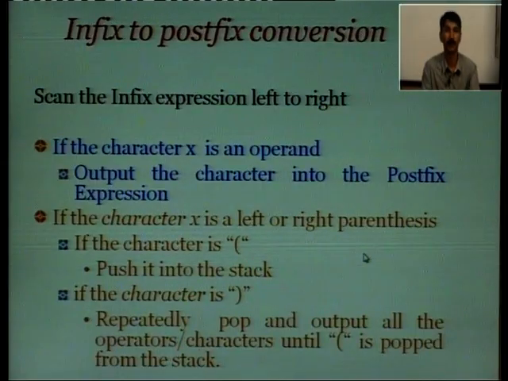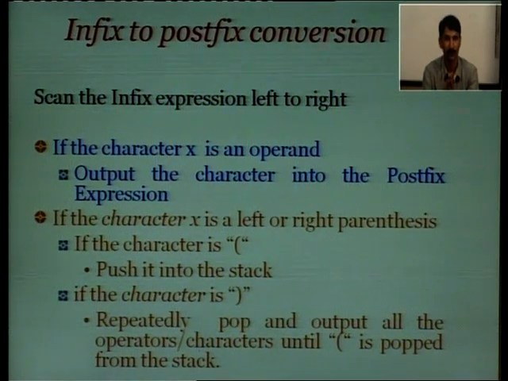But now, we come straight away to the application of stacks, and a very good application, that is the conversion of infix expression to the postfix form. Infix form, what is infix form? Infix is the way we write the expressions as we do in maths.